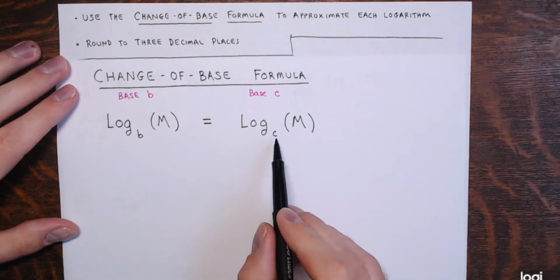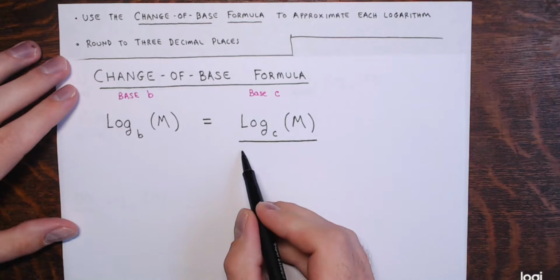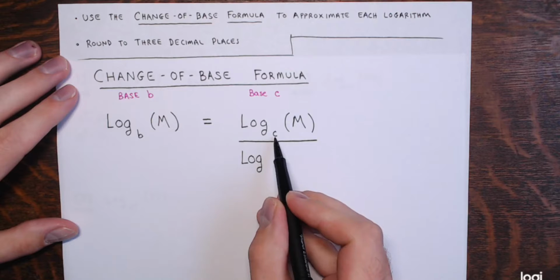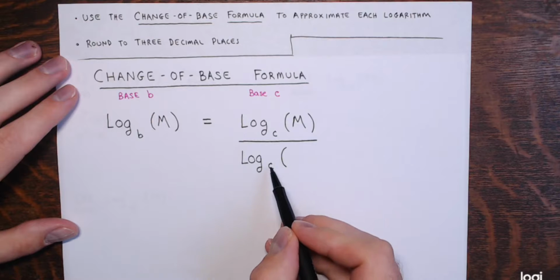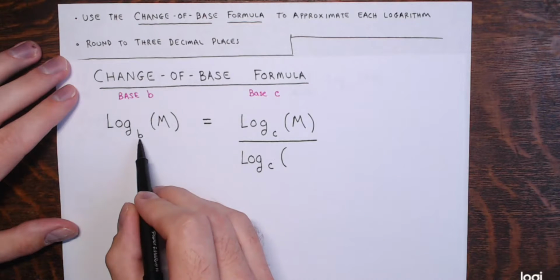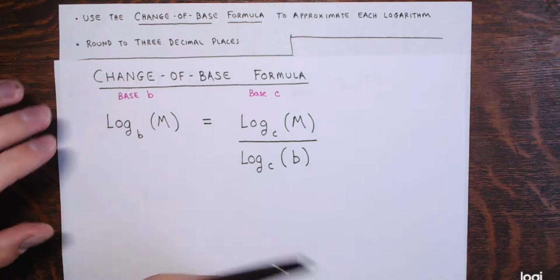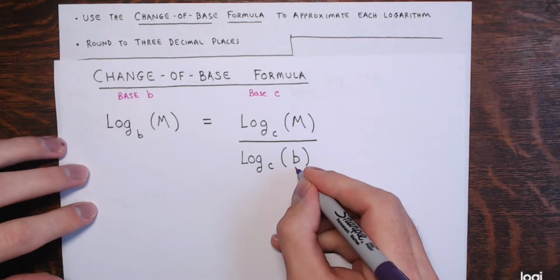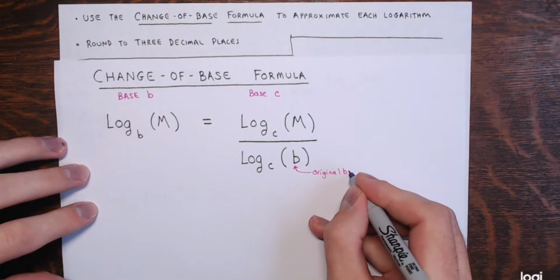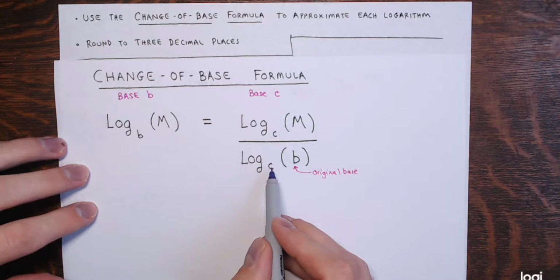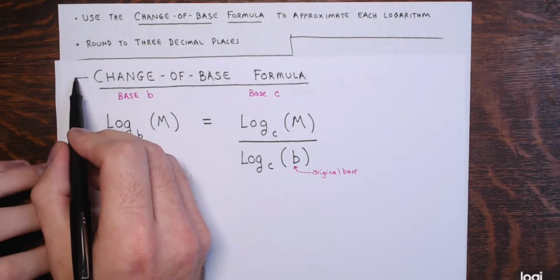But first I change the base to the base that I want, and then you have to divide this logarithm by another logarithm with this new base, right, base c, and the argument of this logarithm is going to be the original base. So I got b down here. Right, so the argument of this denominator logarithm is the original base. Right? And these are the new base that you change it into. But this is called the change of base formula.